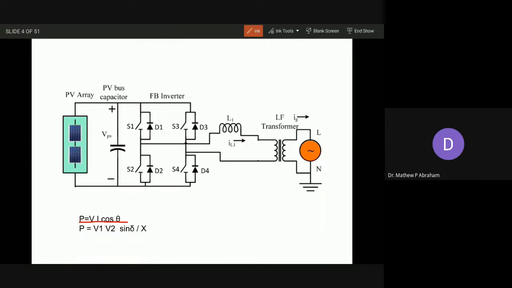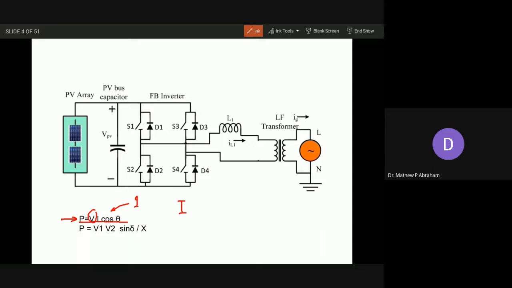So if we assume cos theta as unity and the grid voltage is constant always, if it is a stiff voltage source, we can consider V as a constant. So the entire power we inject into the grid will be decided by I alone. Right? So by controlling I, we control the power injected.